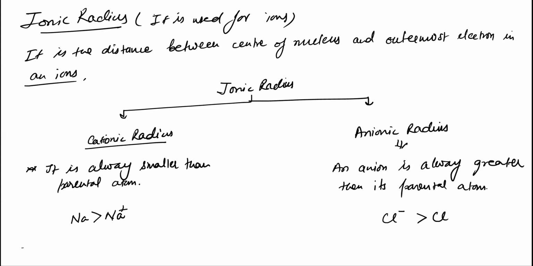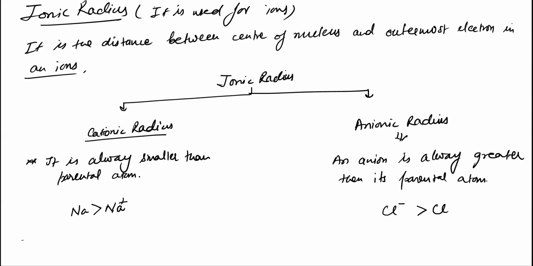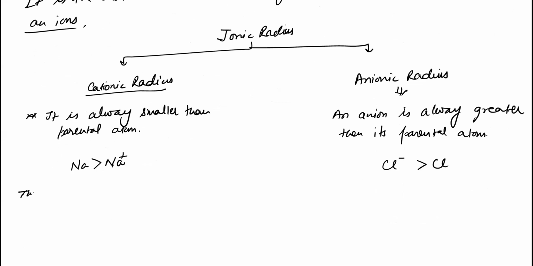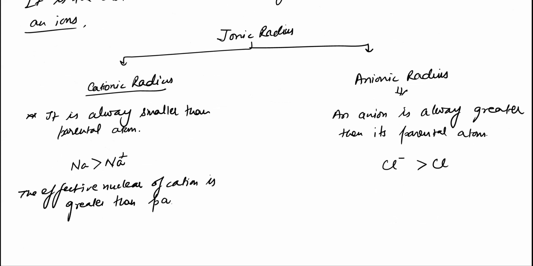So you can write the reason here. The effective nuclear force of a cation is greater than its parental atom.